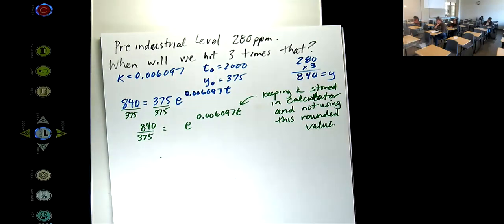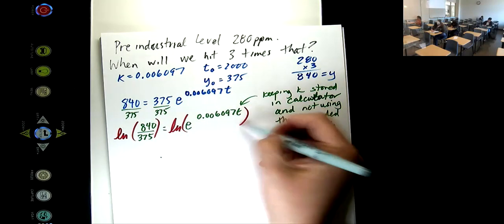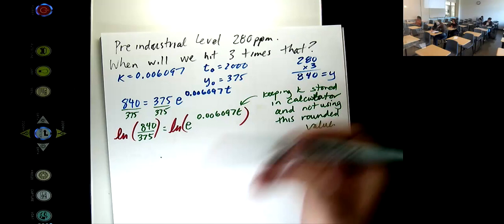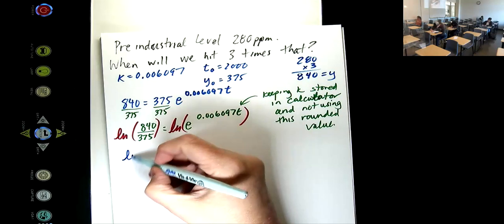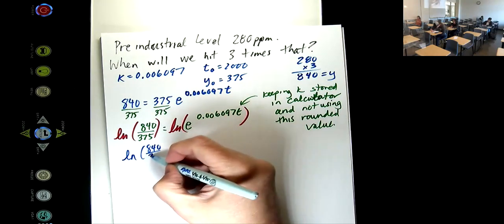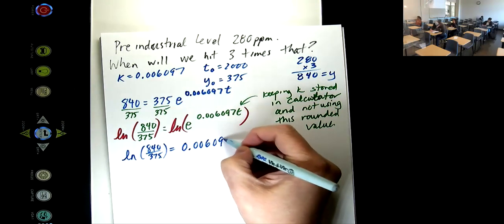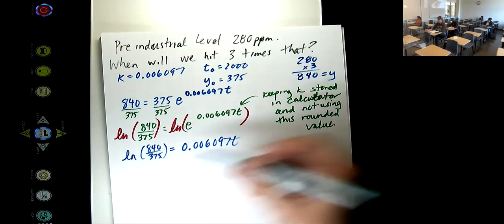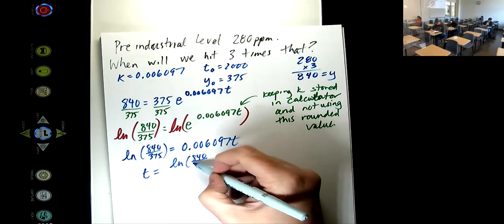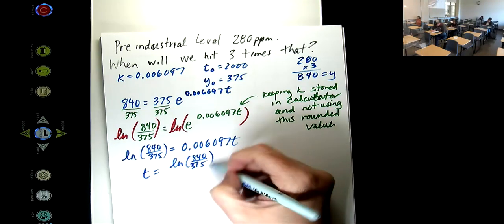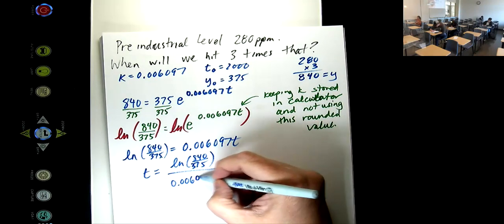We take the natural log of both sides, and I get natural log of 840 over 375 equals 0.006097 T. So we divide both sides by that super awesome decimal, and we get T.